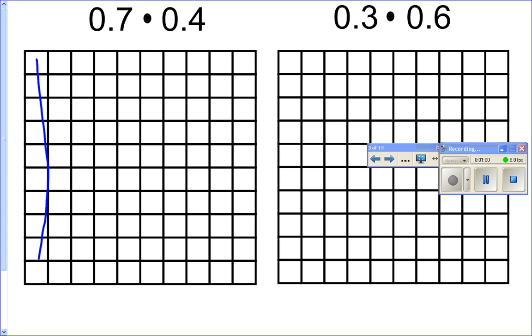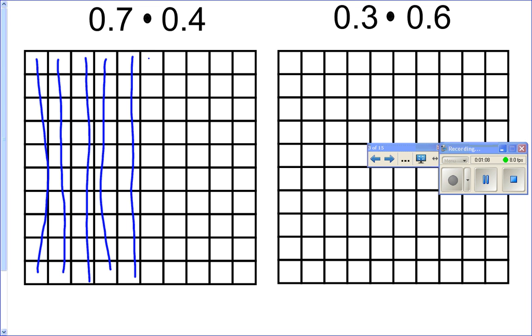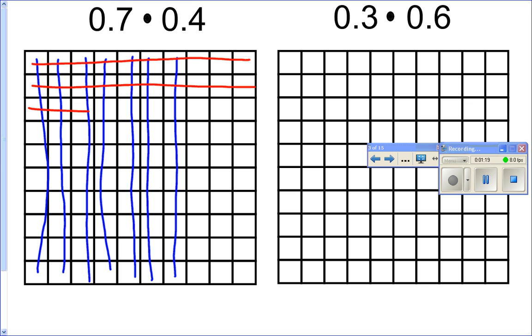So we're going to shade in 7 columns, 1, 2, 3, 4, 5, 6, 7, and 7 rows. You can change colors. Now, you're going to count how many boxes have both blue and red, or whatever colors you use.